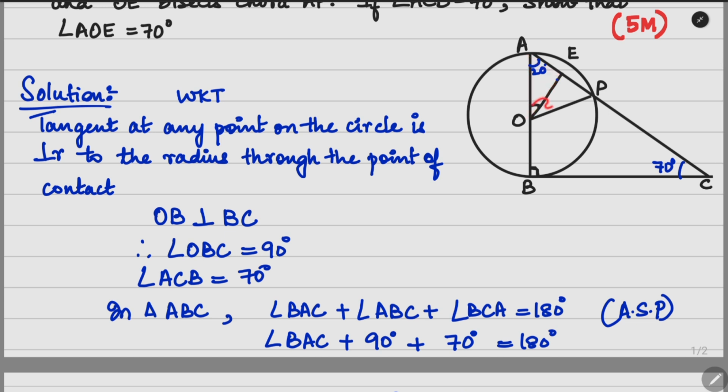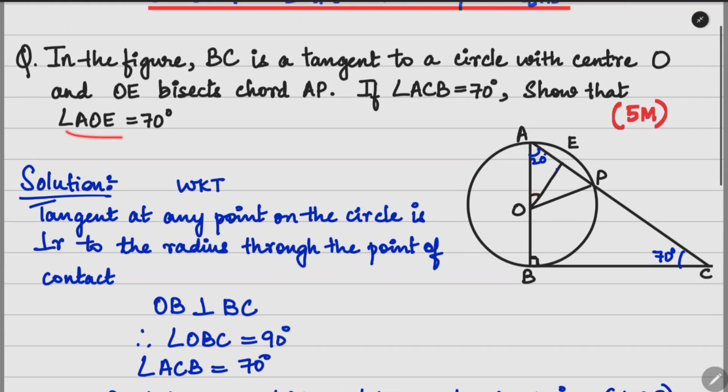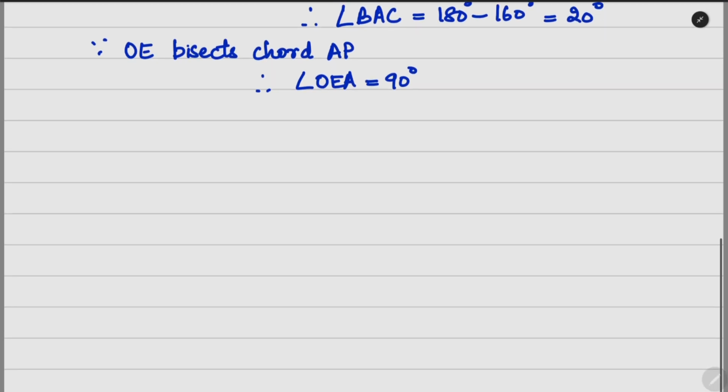This angle is something which you have to show. You have to show that AOE is 70. So in this triangle AOE, this is 20, this is 90 degree. So 20 plus 90 plus angle AOE equal to 180 degree.